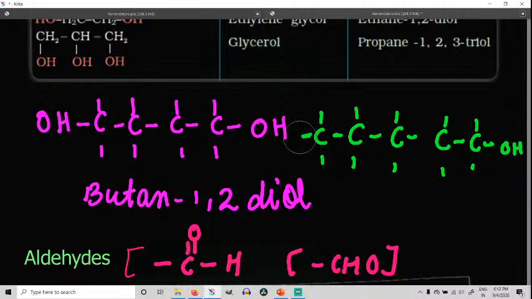If there are 7 carbon atoms in the same structure, with OH attached at the end of the chain, then this will be treated as the first carbon atom, and for 7 carbon atoms the root word will be hept plus AN plus ol. On the first carbon atom, the IUPAC name will be heptane-1-ol, so heptanol. Understood, class? Okay.